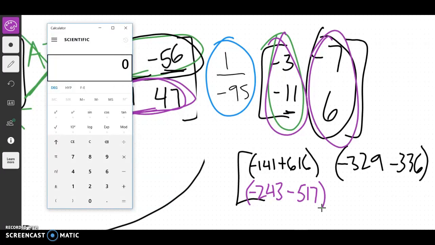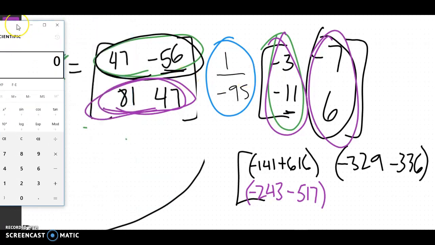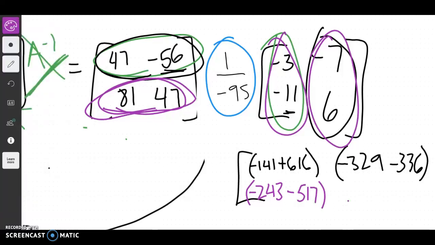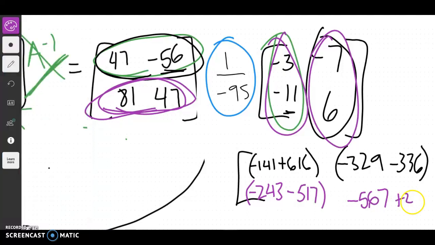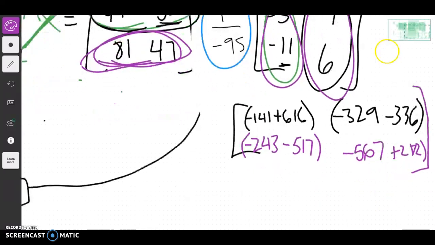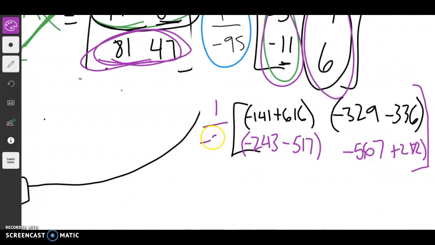We'll have 81 times 7, which would give us negative 567. And then we'll have 47 times 6, which would give us positive 282. So now I would take all of these numbers, add them together, and then divide by negative 95.